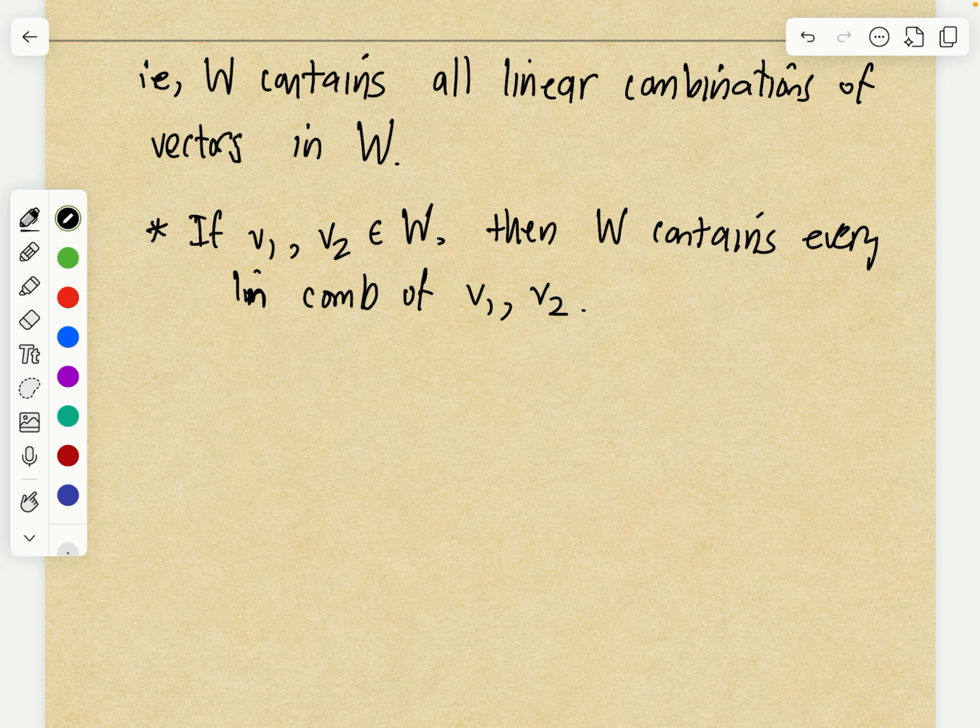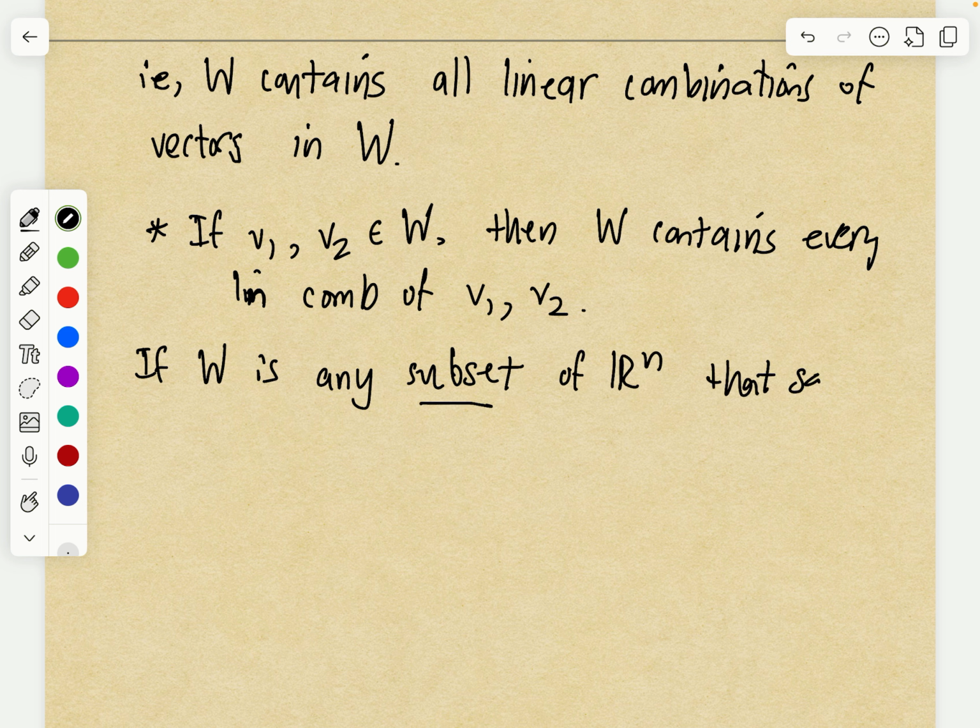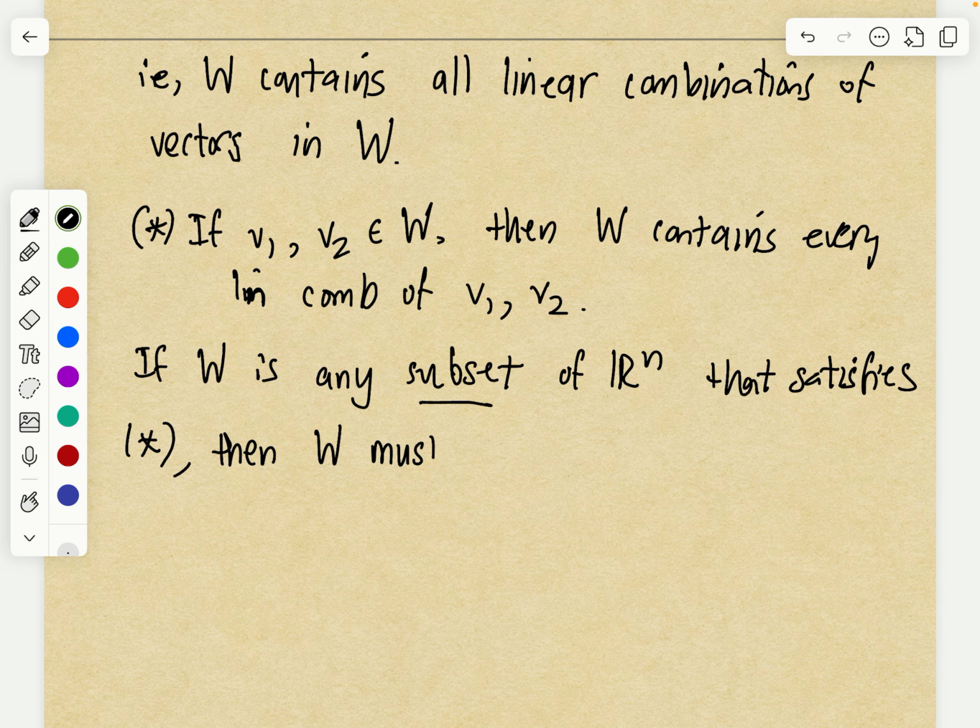Now let's look at this property by itself. Let's say that W is a subset that satisfies this property. If W is any subset of Rn that satisfies this property, star, that whenever W contains two vectors, it must contain every linear combination, then W must be a subspace of Rn.